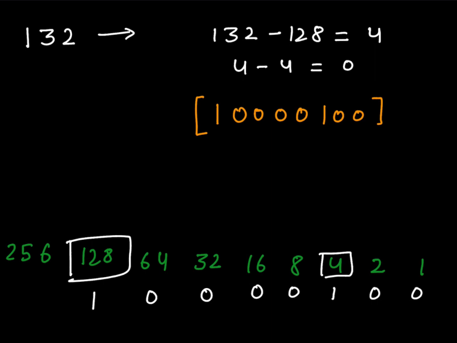Now we're going to look at the method of successive division. Here we are going to use the previous example, converting the number 85 into a binary number. We divide 85 by 2, so we have 42.5, that is 42 with remainder 1.